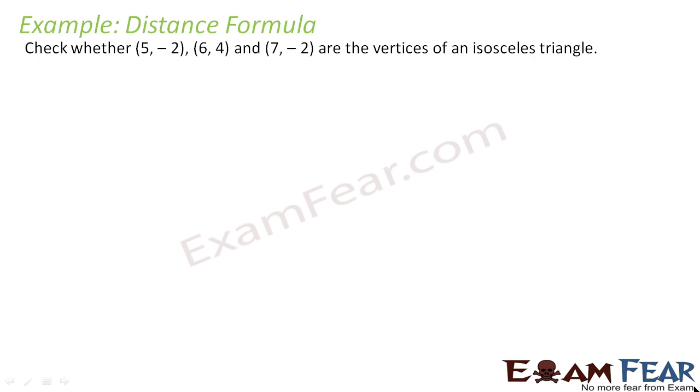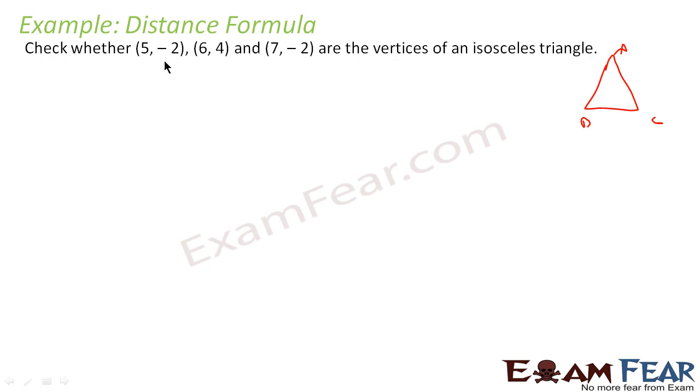We have to check whether (5, minus 2), (6, 4) and (7, minus 2) are the vertices of an isosceles triangle. To prove that, let's suppose this is a triangle with sides A, B and C. If we can find the distances of all these sides, AB, AC and BC, and somehow prove that two sides are equal, then we can say that they are the vertices of an isosceles triangle.